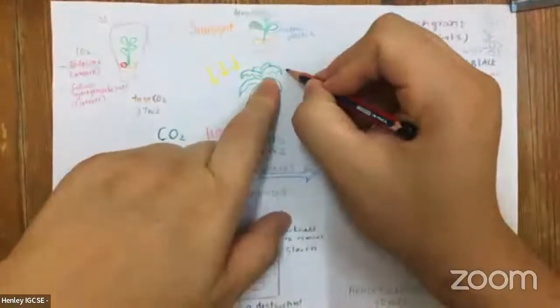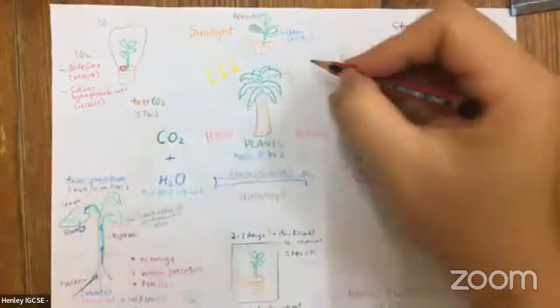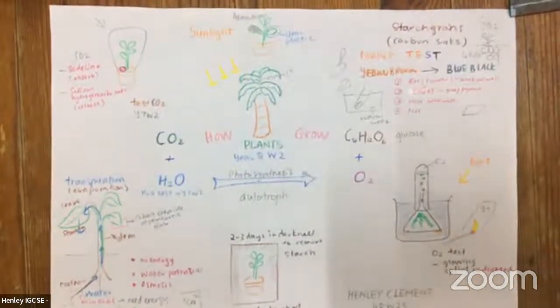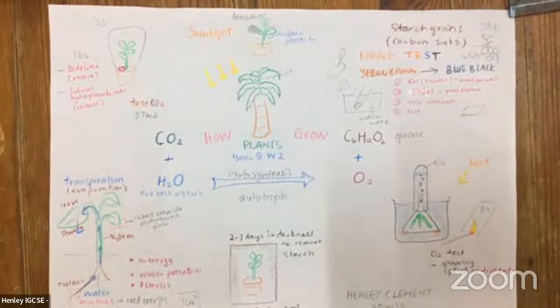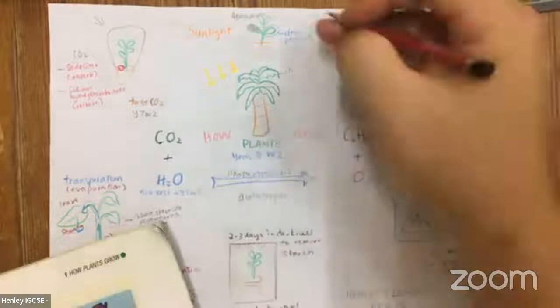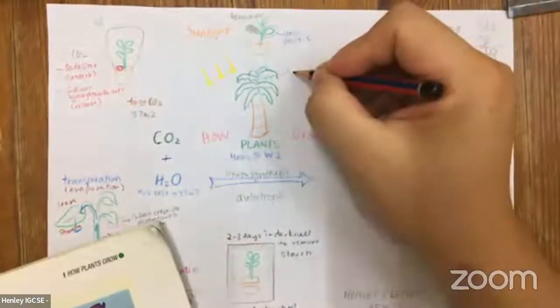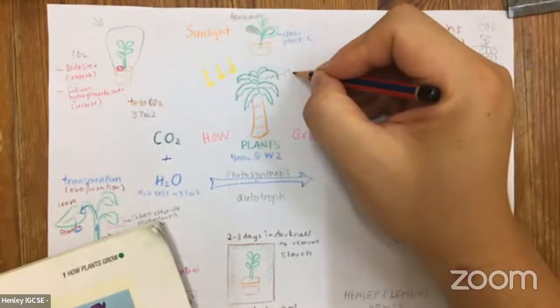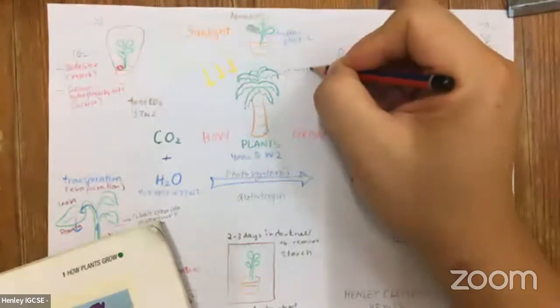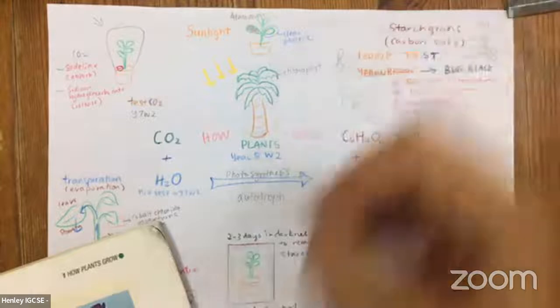The green pigment is the chloroplast, chlorophyll.